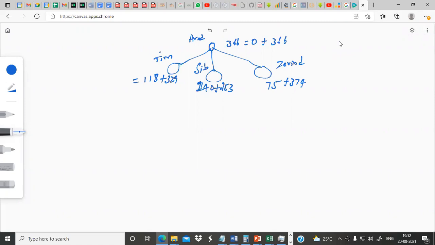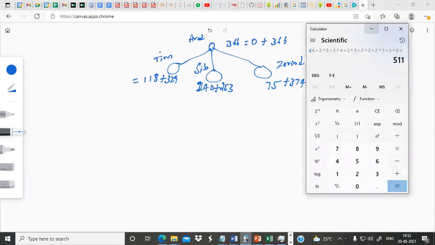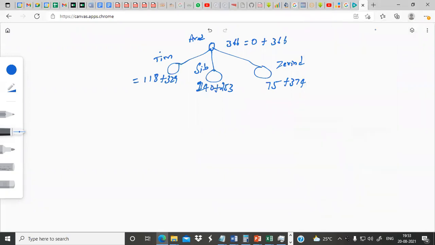So when you add 118 plus 329, what do you get? It is 447.